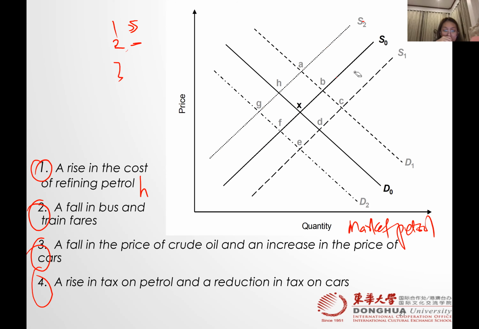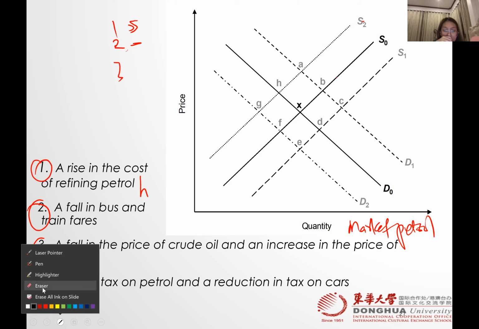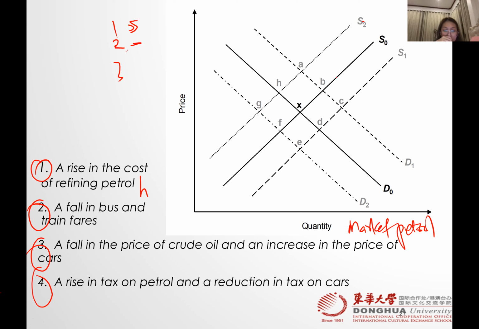So you understand, in the first part, supply shifts to the left. So everybody understands part one? That would be our first.